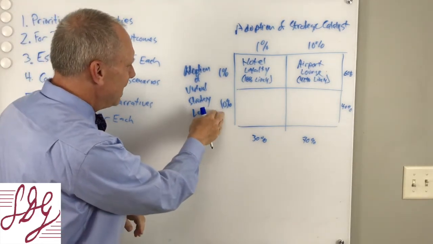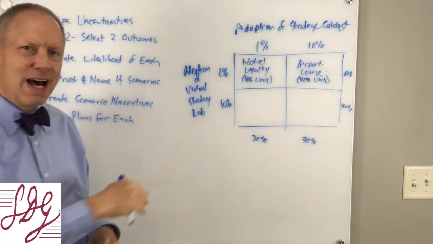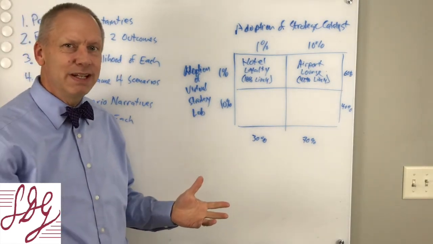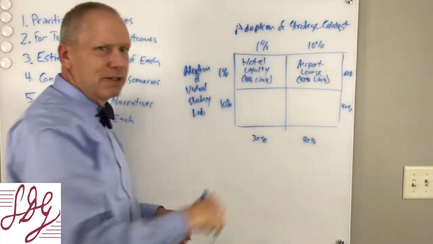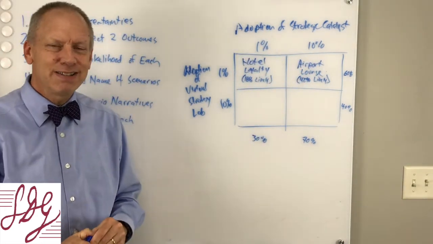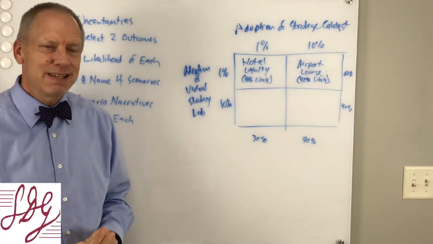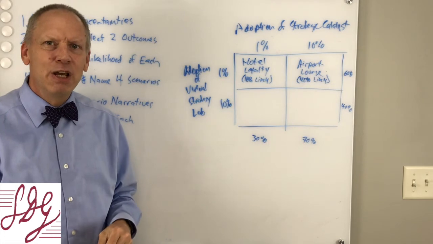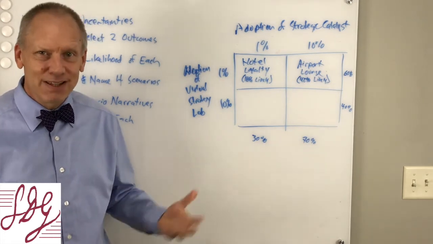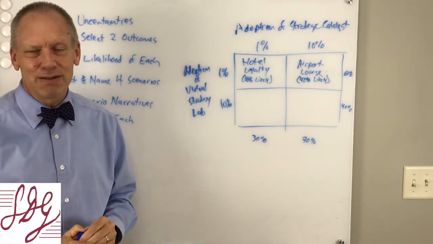Continuing on, here we've got a relatively high level of adoption for the virtual strategy lab, which is great, but a low adoption of the strategic catalyst model. So how does that work? Well, it means that there's not a lot of adoption of the strategic catalyst, but when it's adopted, then the virtual strategy lab really comes into play.